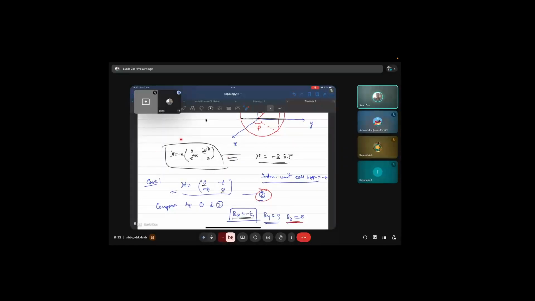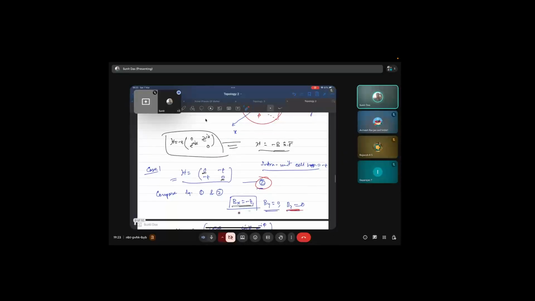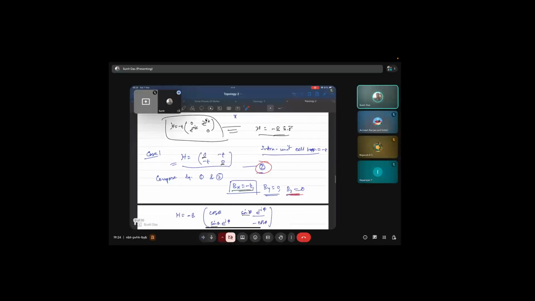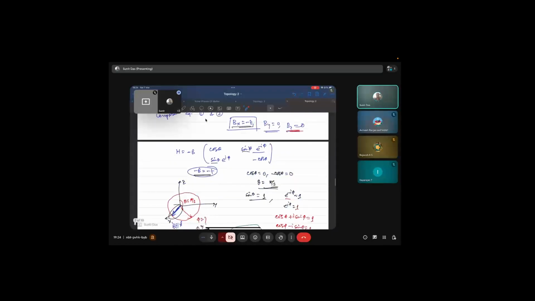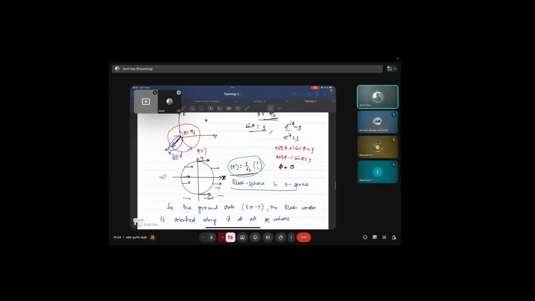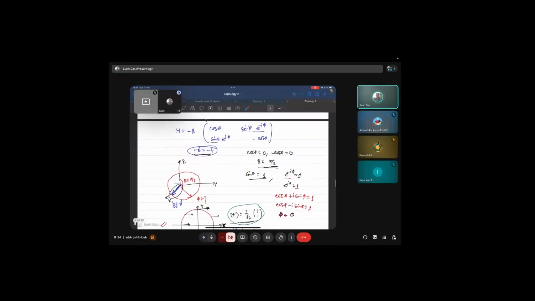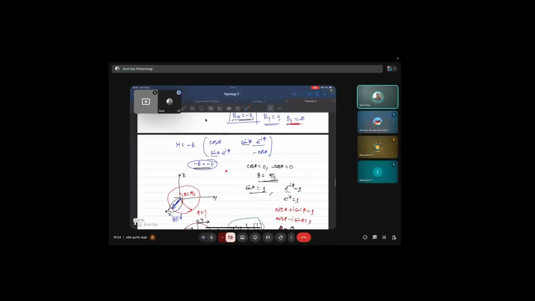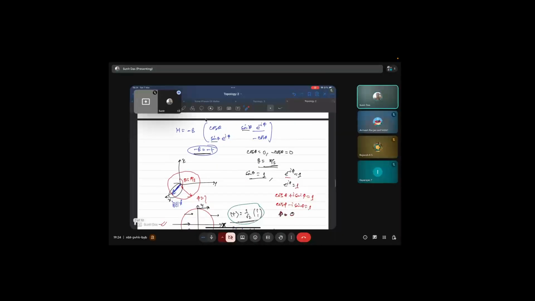We had the topological case where we found that bx was something, by was also 0, and bz was also 0. In the trivial case, bz is 0, bx is minus t, by is 0. For case 2, what we found is that bx and by had some finite value, but bz was also 0.